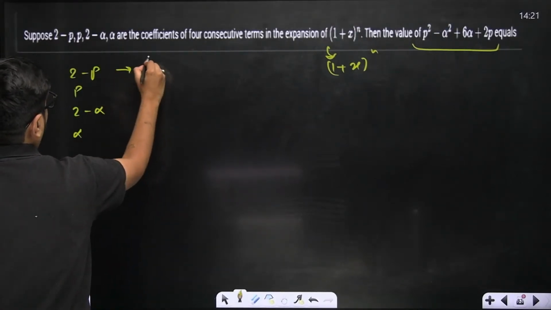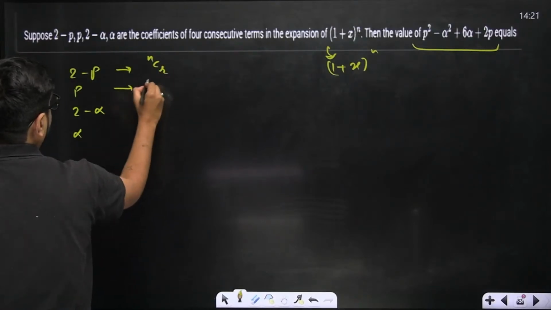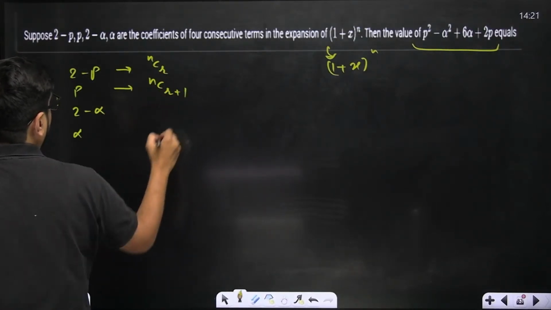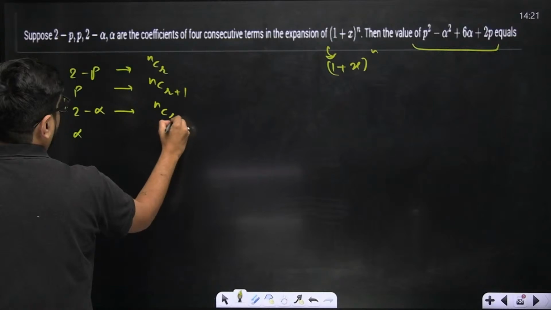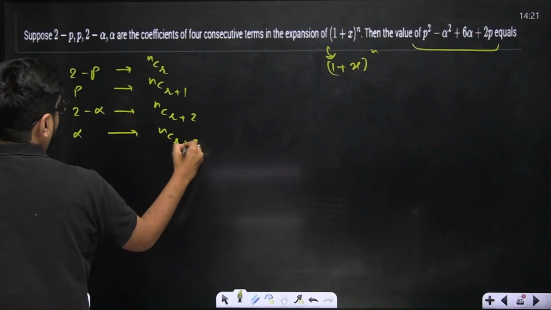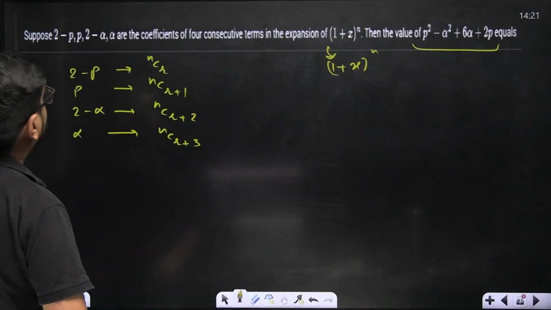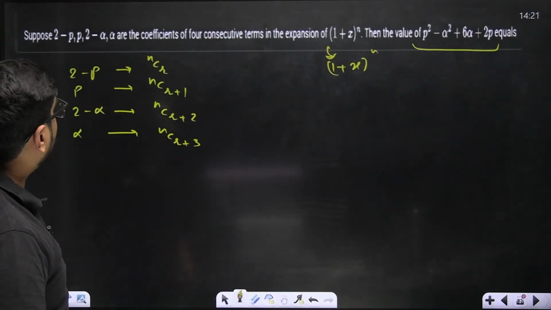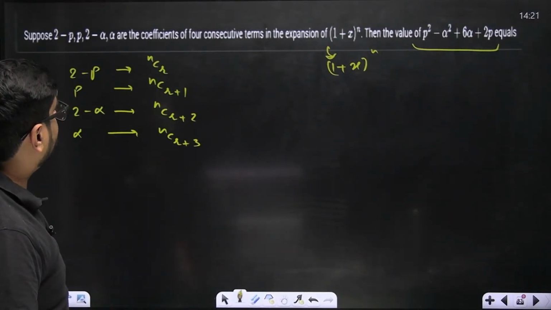So let's say this is your nCr, this will be nCr plus 1, this will be nCr plus 2, and this will be nCr plus 3. These are the 4 consecutive terms.